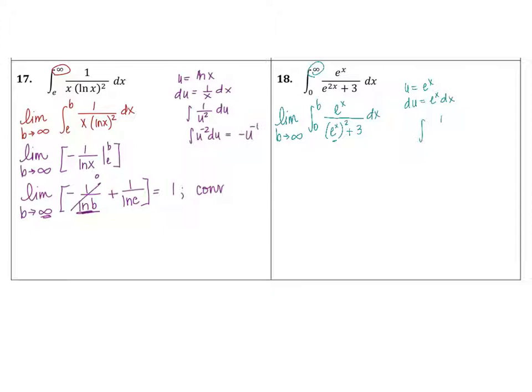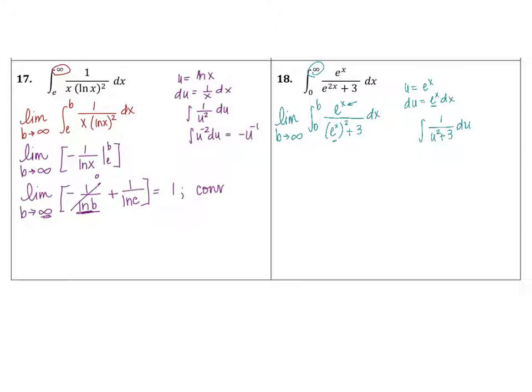So I'm going to have 1 over u squared plus 3 du, because that e to the x is going to take care of that e to the x. And so with that, that's looking like our inverse tangent.